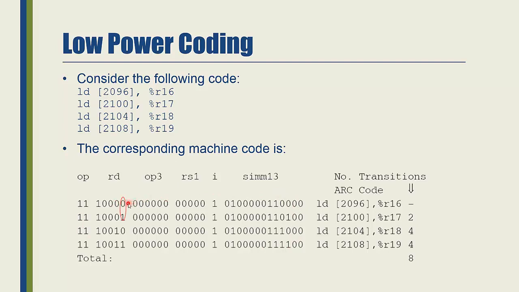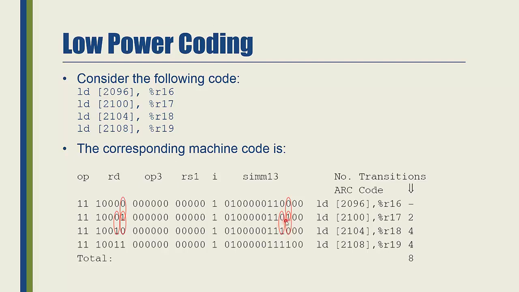From the first instruction to the second one, we can see there is one bit change at this bit and another one at this bit. So from the first instruction to the second one, we see 2 bit changes. And from the second one to the third one, we see this one bit change. This bit also changes. This is another bit change.